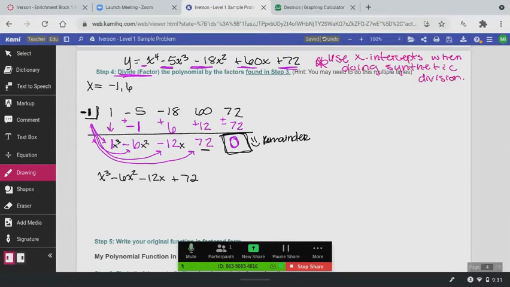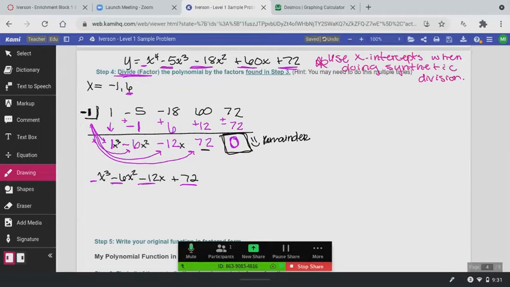My next step in this is to divide again. And the reason that we're dividing again is because I have another 0 or another x-intercept that I can use to divide. So I am going to take the coefficients of my new polynomial to divide again by 6.